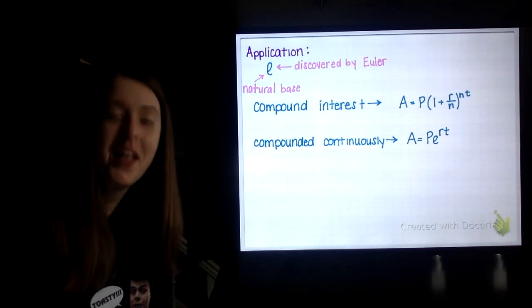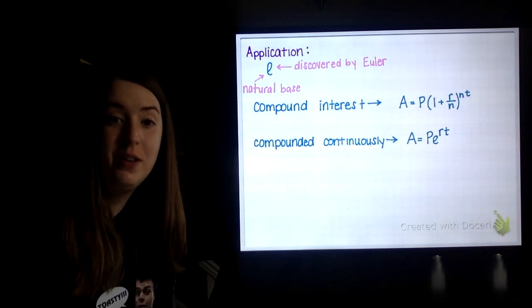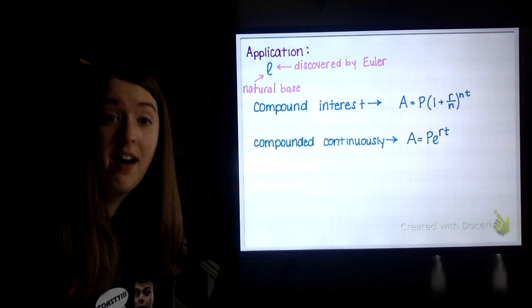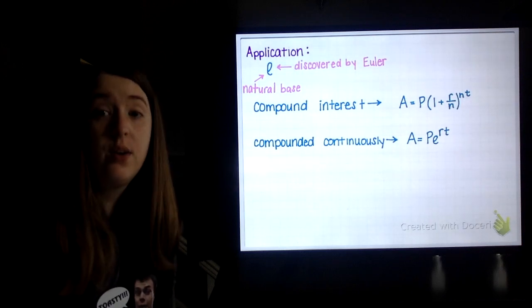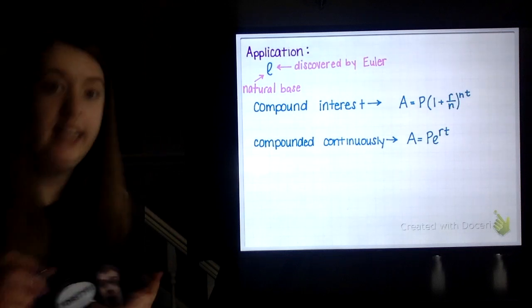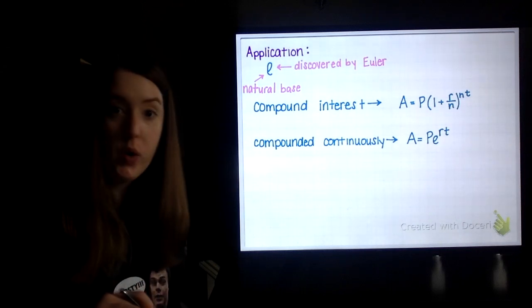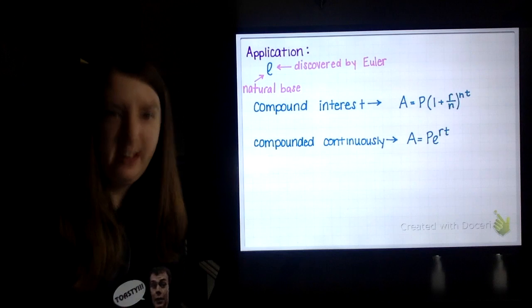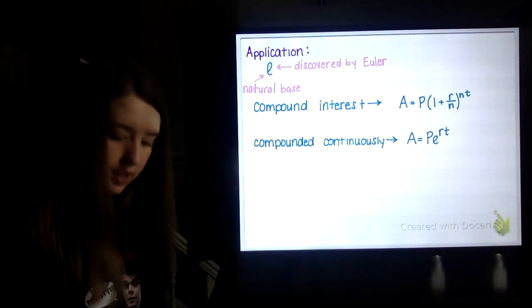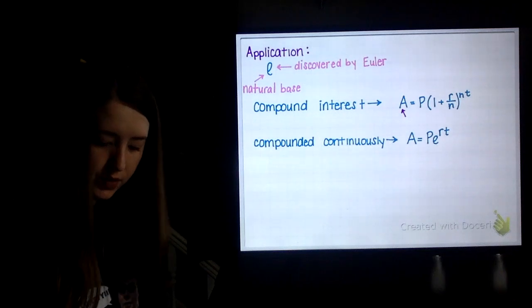Anyways, one of the ways that people love to apply exponential functions is compound interest. If we have interest that's compounded yearly, biannually, quarterly, monthly, daily, etc., we're going to use this top formula right here. The A stands for the amount in the account, or the account balance.